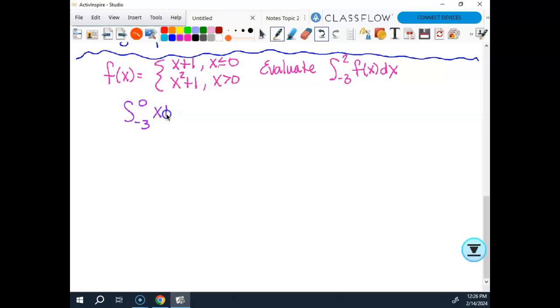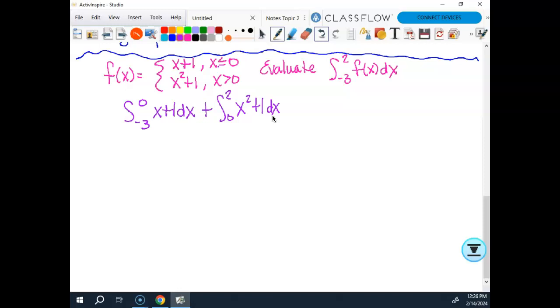Integral of x plus 1 dx, and then I'm going to add to that the integral from 0 to 2 of this one when it's greater than 0, x squared plus 1 dx. Don't forget your dx's and stuff like that because you will get nailed on the notation stuff. All right, we all good so far?